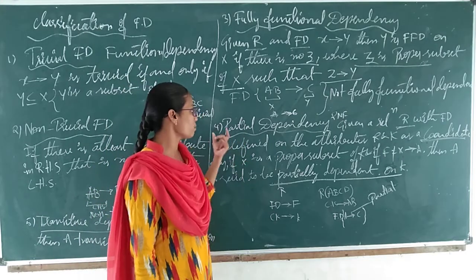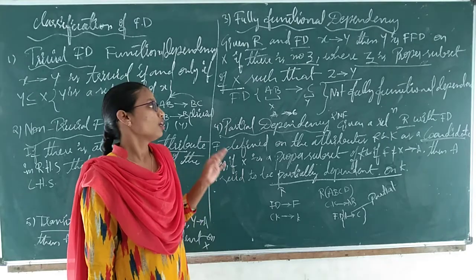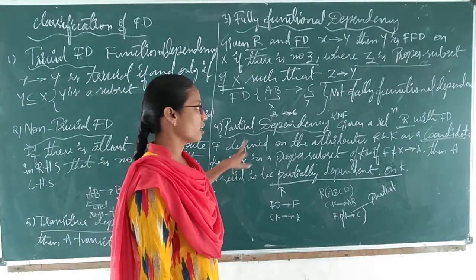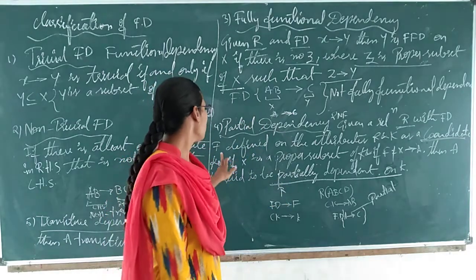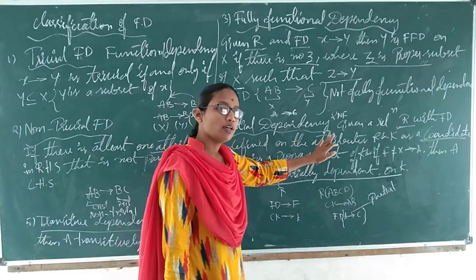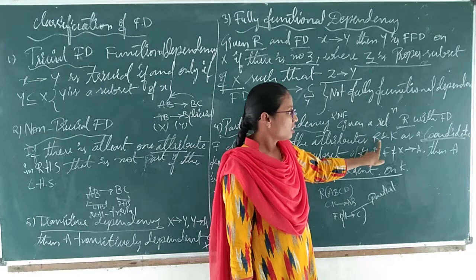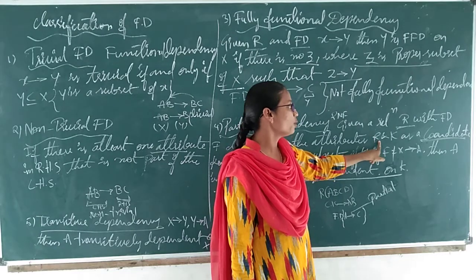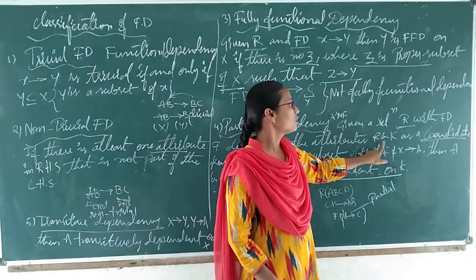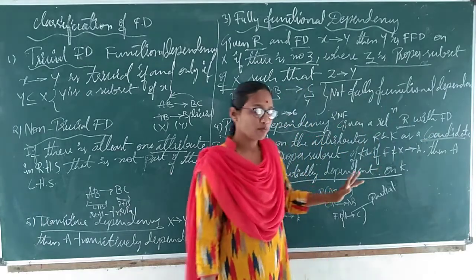Again, I am explaining this partial dependency. Given a relation R with functional dependency F defined on the attributes of R, and K as a candidate key.